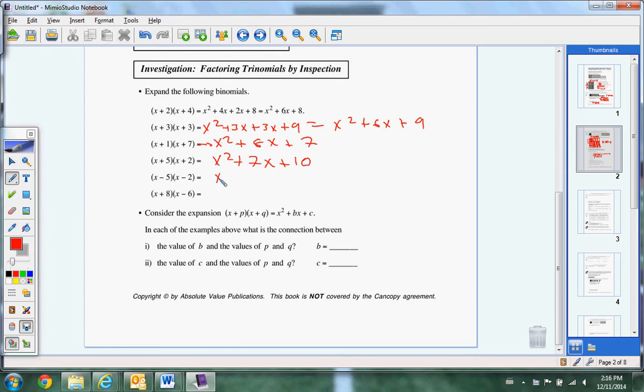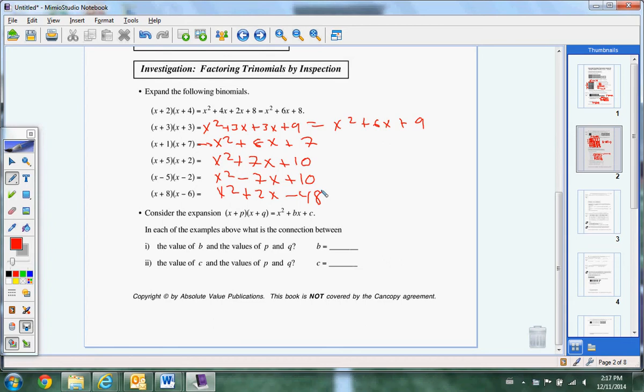This one's going to be the same thing but a minus 7x. And this one's going to be like so. Okay, any questions on those, just on the foiling those out?